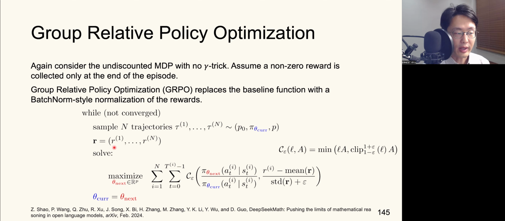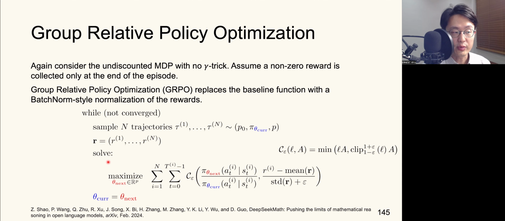So here's the while loop, and we sample n IID trajectories. And let's write boldface R to denote the vector of the n terminal rewards. So we have n IID trajectories. All of these will have some amount of terminal reward. Let's write boldface R to denote the vector of length n of these rewards.